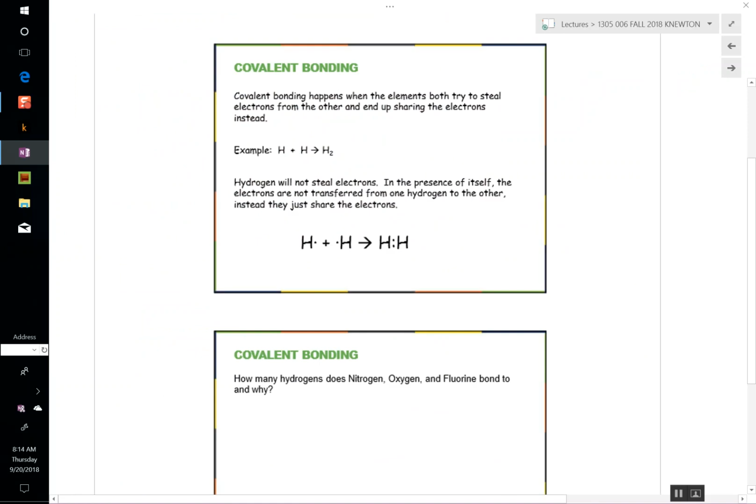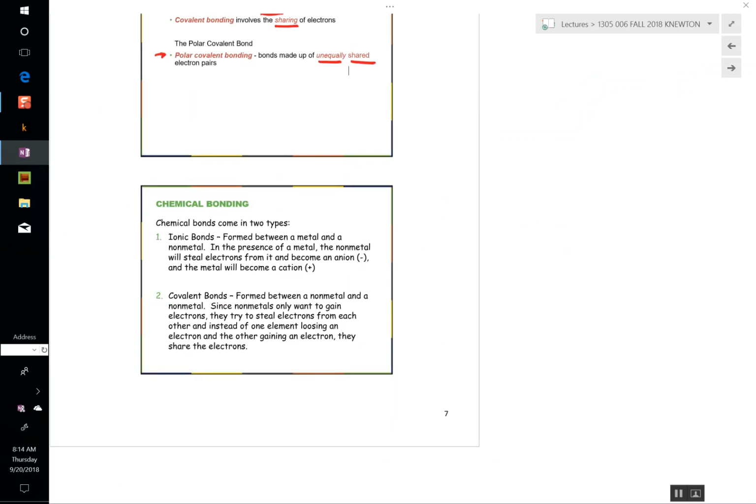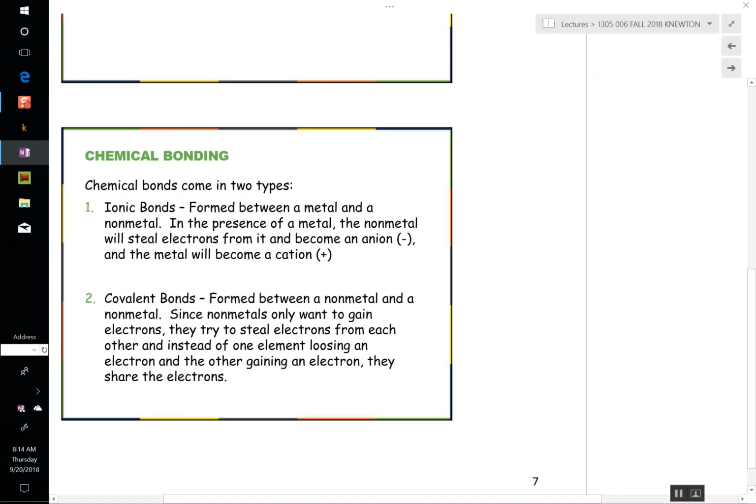Oh, did I skip over the slide underneath it? Chemical bondings. Oh, this is worth remembering. The ionic bond, generally speaking, you're going to get an ionic bond when you have a metal reacting with a nonmetal. All right?